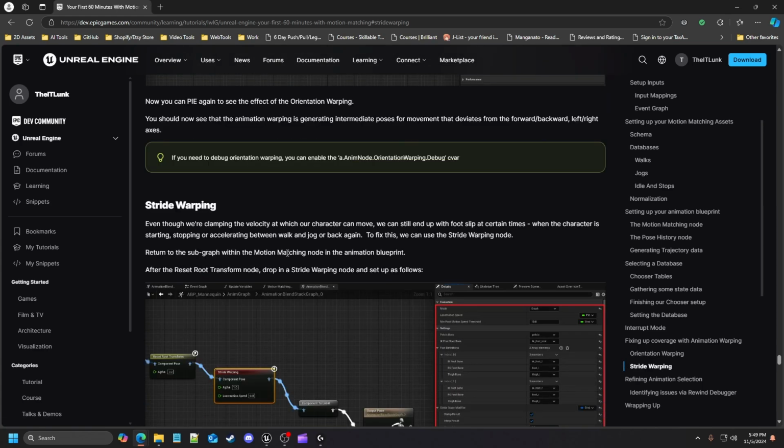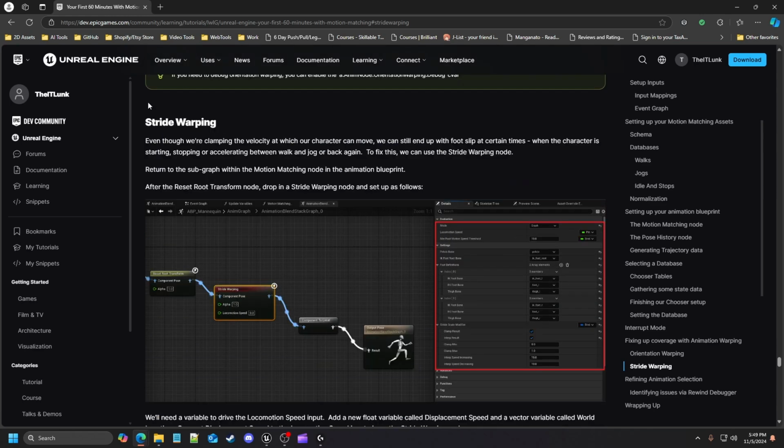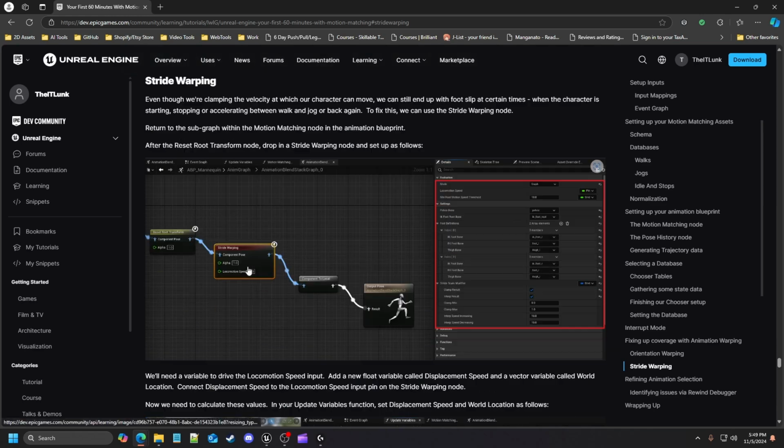But what we're also going to be looking at is the stride warping node, which was funny because in my current project, which I'm copy and pasting to move over to the new project for the tutorial, I forgot to actually implement this and haven't really been able to do much research. But I do have some points that we're going to go over in regards to these that I found out, but there's a lot more to the internal workings of that.